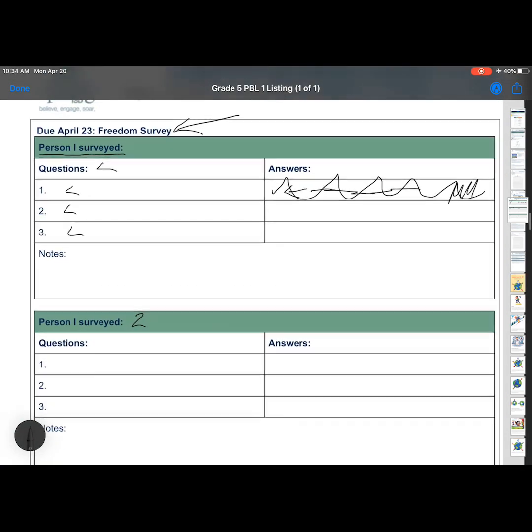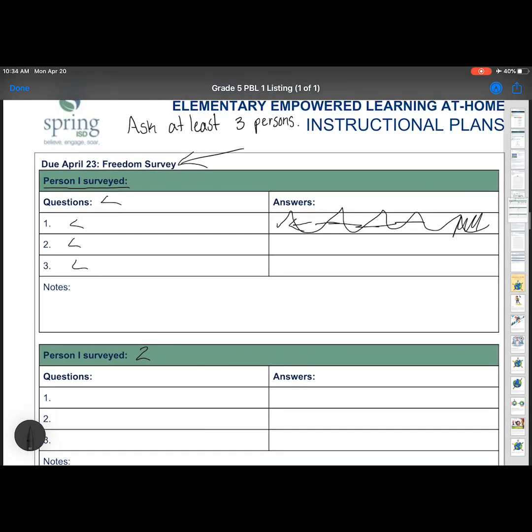Again, here is a template of how it looks. You can pause it. So you have the question you asked, then you have the response. You're going to choose at least 3 questions, and you're going to get the responses. And then notes over here. Maybe you can add a little bit more background information.